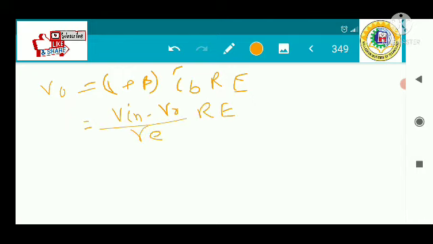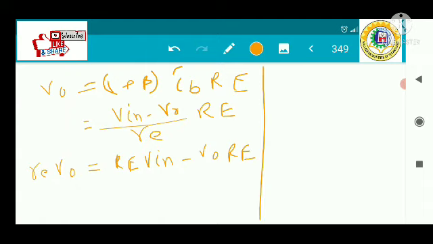Just multiplying out, we get V0 equals RE into Vin minus V0. Now from there, if we make V0 divided by Vin, this is the gain. So this is nothing but RE divided by small re plus capital RE. This is the gain.